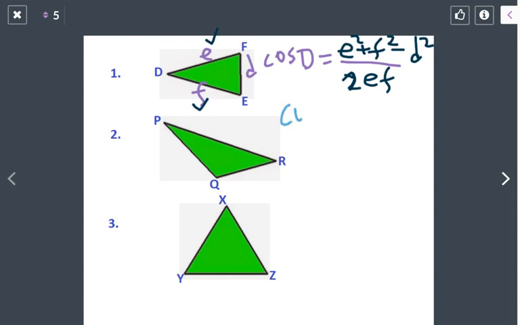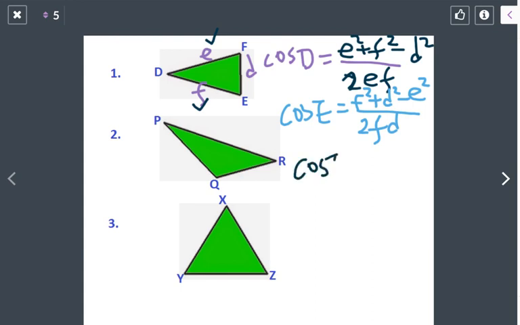Cosine E equals. So we do F squared plus D squared minus E squared over 2FD. Then cosine F equals.